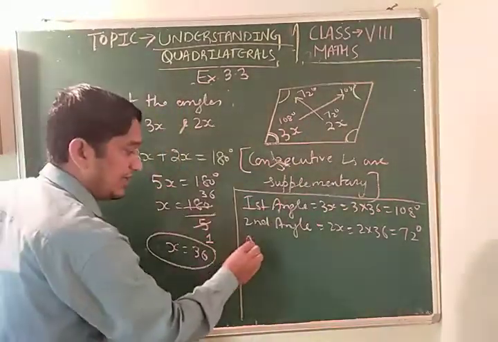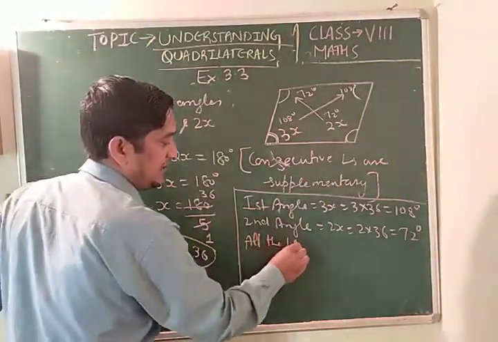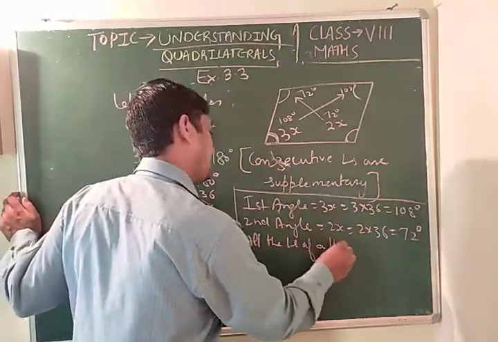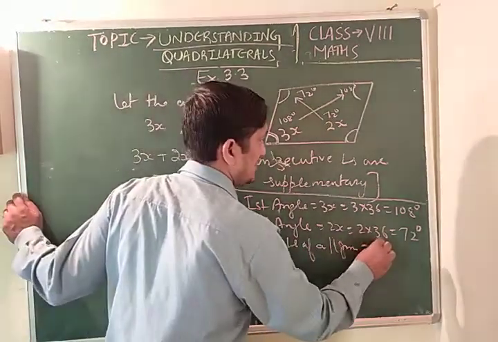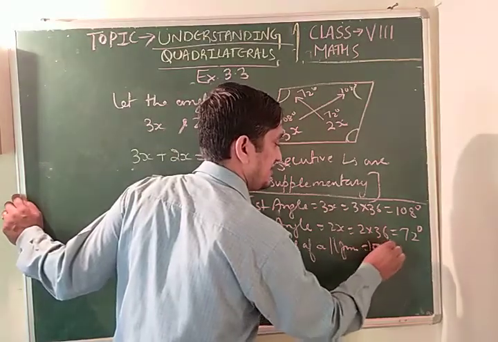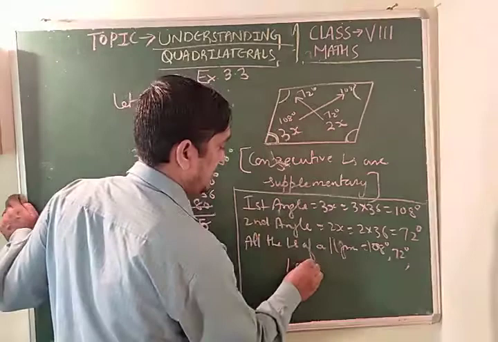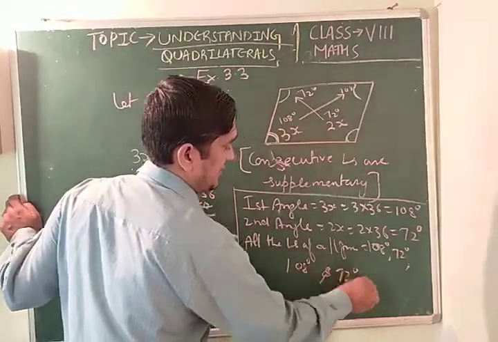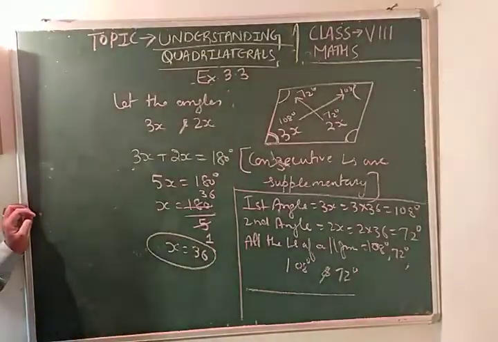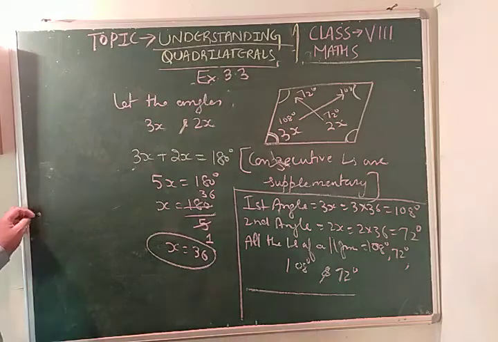So all the angles of the parallelogram are 108 degree, 72 degree, 108 degree, and 72 degree. This is question number 5.